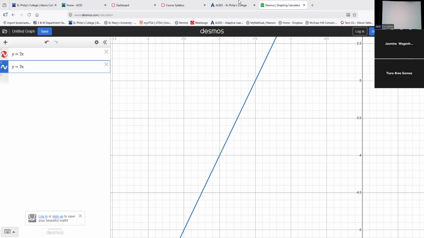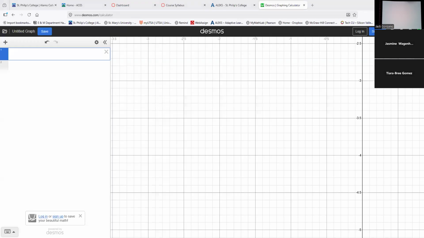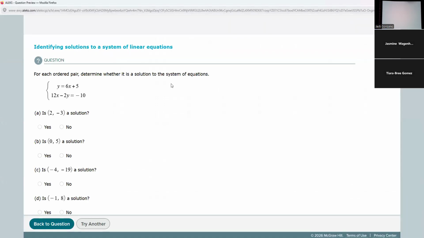So on this first question, question one on the homework, let me show you what it looks like first. Here's question one. They want to know, given this system, in other words two equations, is A, B, or C, etc., a solution to the system.